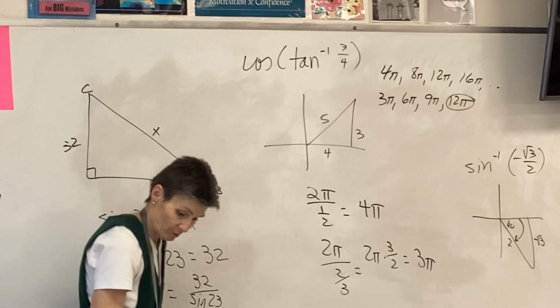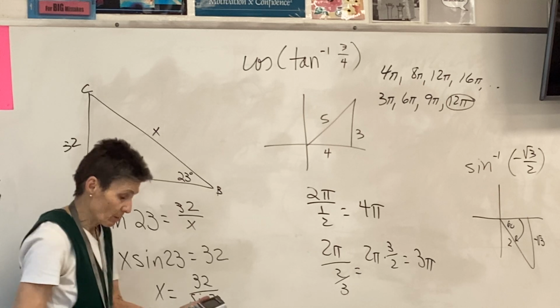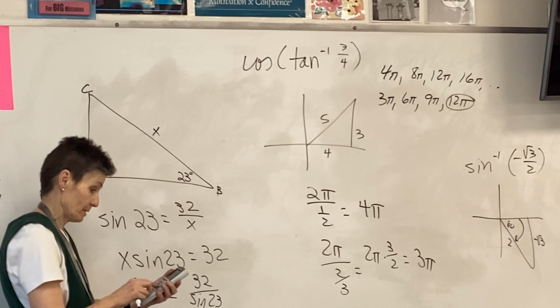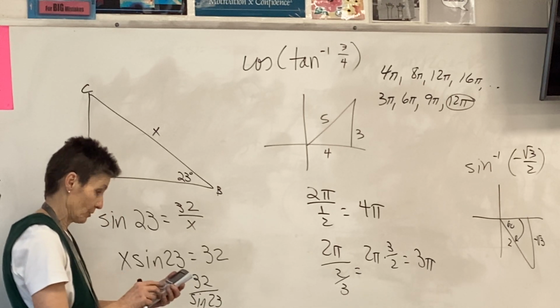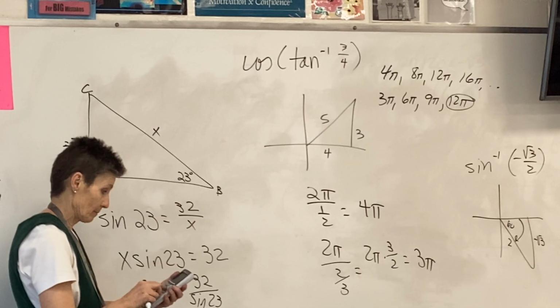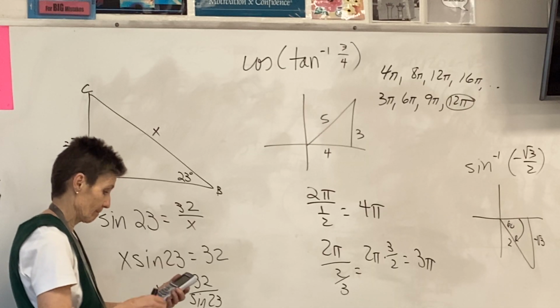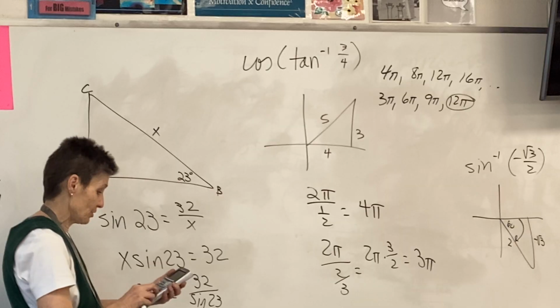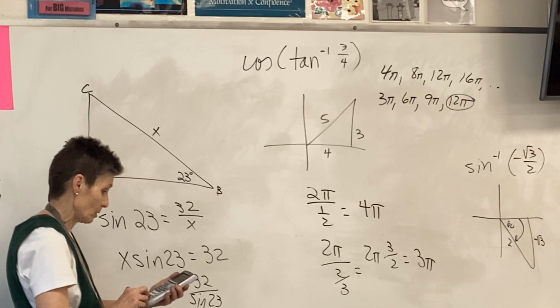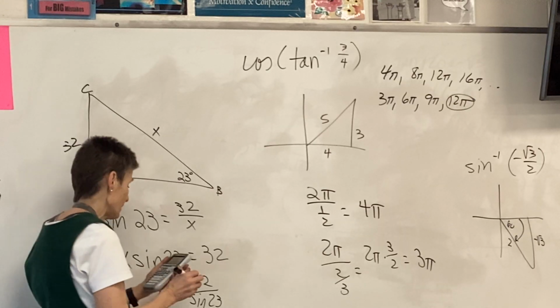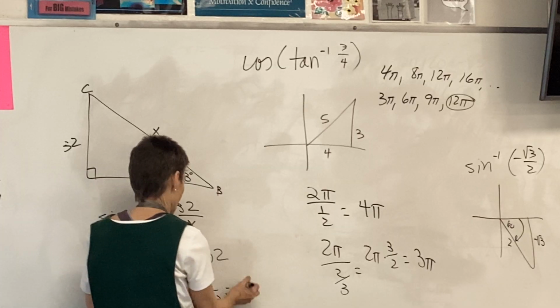Now that is a degree measure, so I know we've been switching back and forth. It'll change to degrees. And then 32 divided by sine 23, I got 81.90 feet.